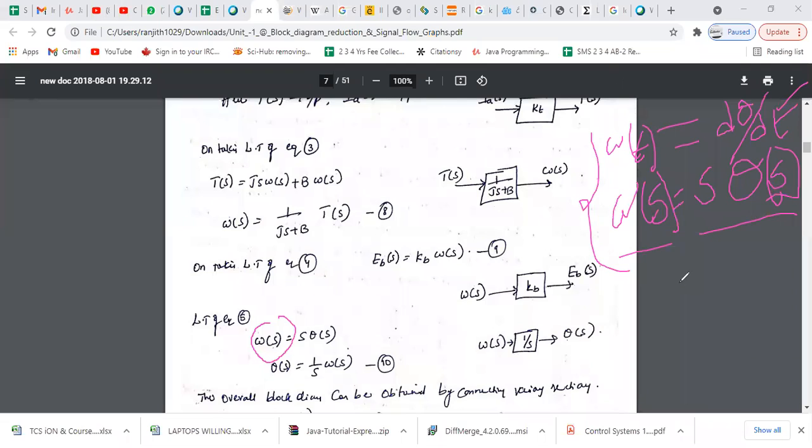Is it clear, all of you? Omega t equal to d theta by dt. What is omega of s after applying Laplace transform? After applying Laplace transform, what is the output? What is the equation we are getting?